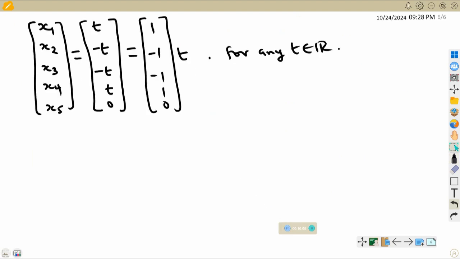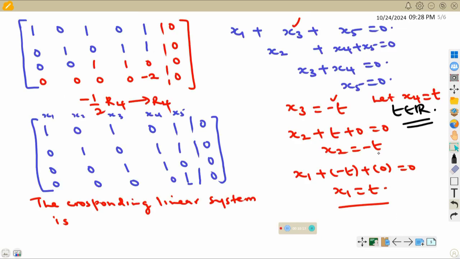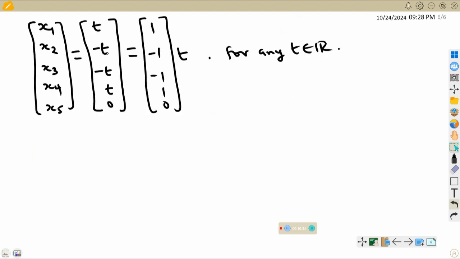So we can now rearrange to have x1, x2, x3, x4, x5. x1 is t, x2 is negative t, x3 is negative t, x4 is t, then x5 is 0. When we pull out the t, we shall remain with 1, negative 1, negative 1, 1, and 0, times t.